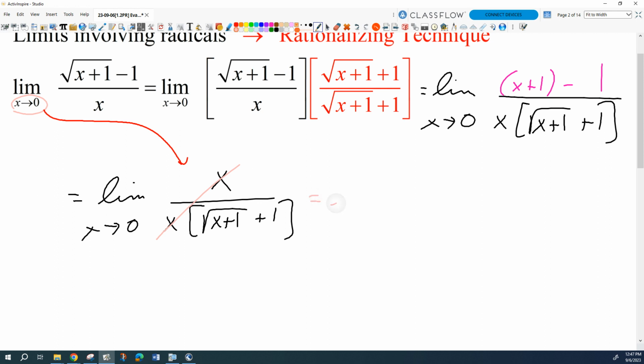So we get the limit of what's left on top, 1. And on the bottom, we've got square root of x plus 1 plus 1. As x goes to 0, that term disappears, and I just get 1 over square root of 1 plus 1, 1/2, right?